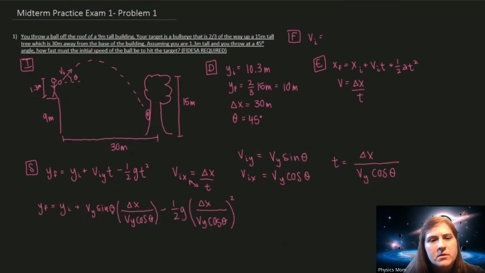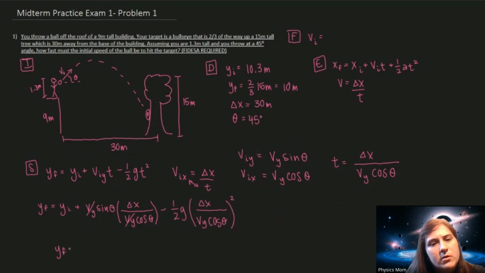So something you'll notice, the v's in the first term at least cancel, and then sine over cosine is defined as tangent. That's a trig identity. So I can simplify that, and I'm going to distribute the square to get rid of the square root. I'm also going to move the y initial to the other side.